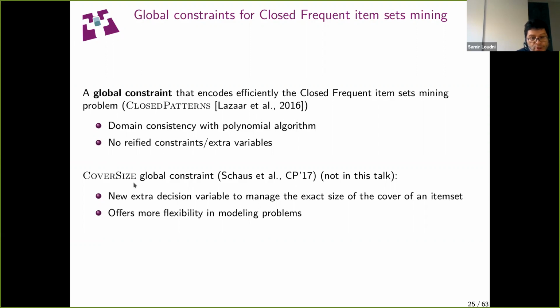So the proposition of Schaus and his team is to model explicitly the cover of the item set. This new global constraint offers more flexibility in modeling problems, as we can impose some kind of constraint on the covers of this item set. I will not detail this proposition, but I will focus on our proposition, called ClosedPattern.